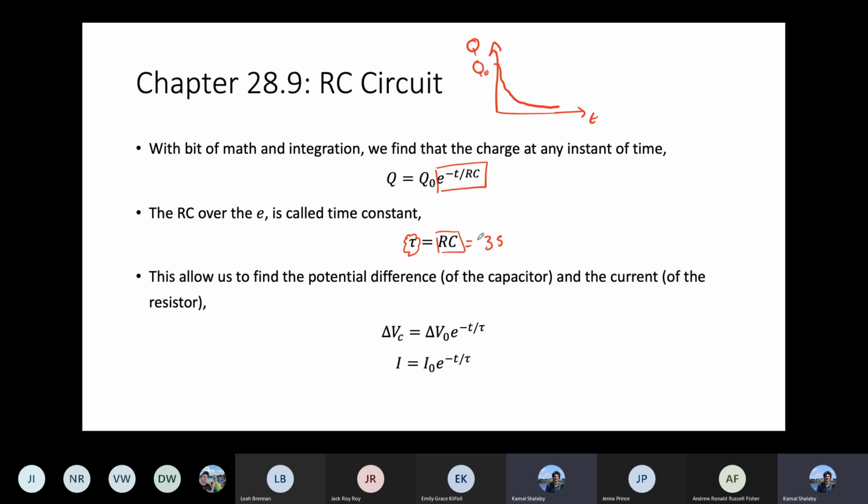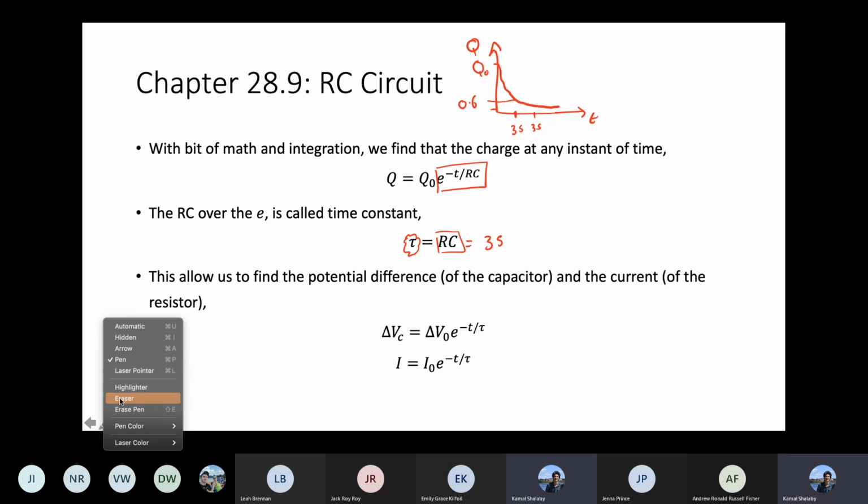Those 3 seconds mean that after the first 3 seconds pass, you know that this Q is 0.6 of the initial Q. And after another 3 seconds, it will be like, I'm sorry, this should be 3, this should not be 6.